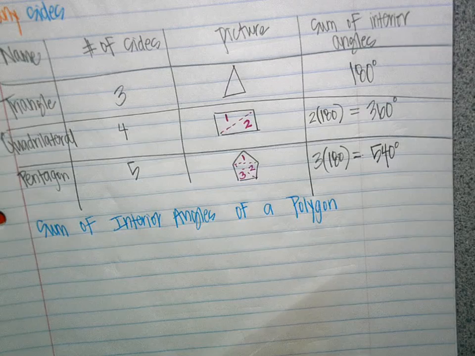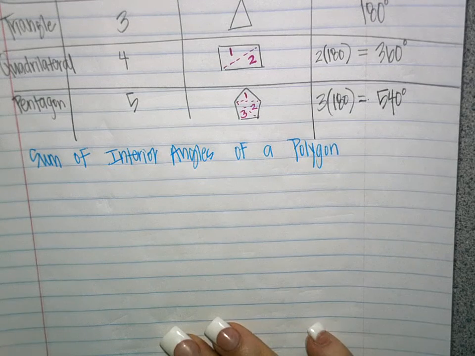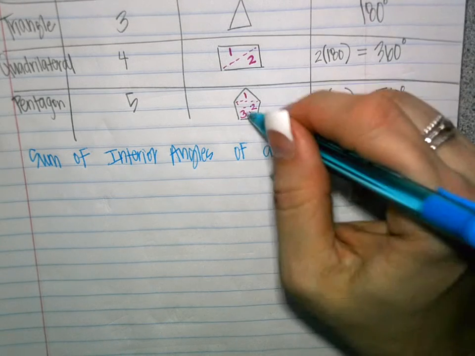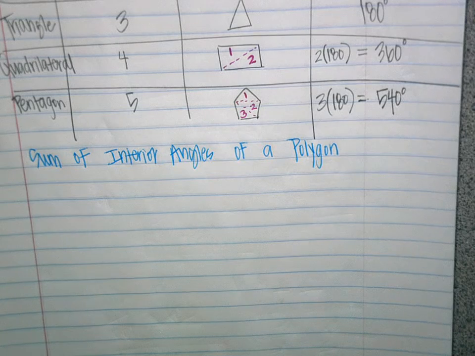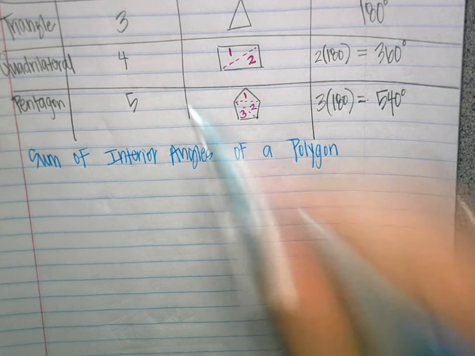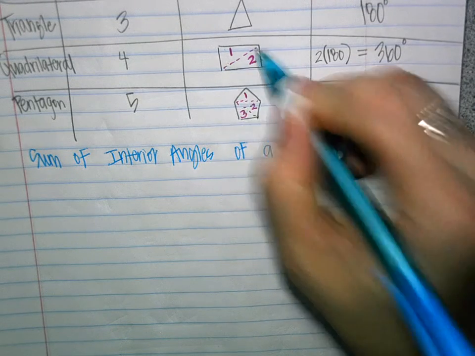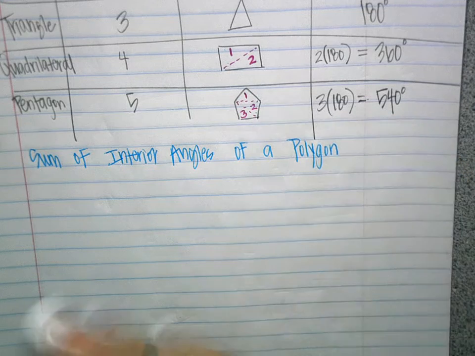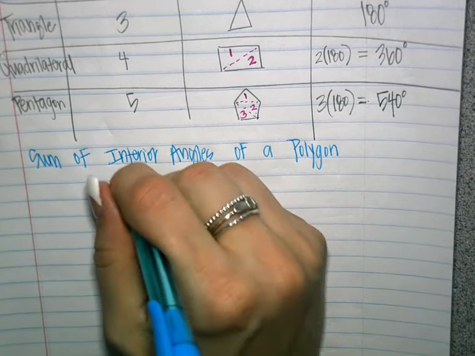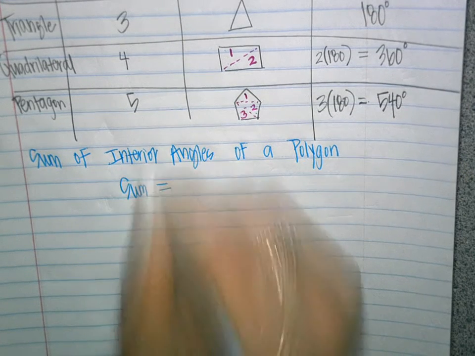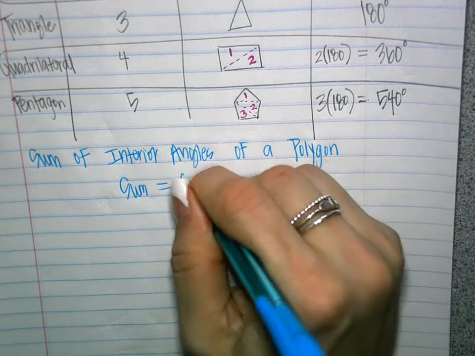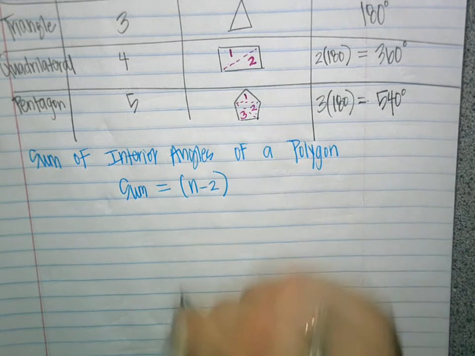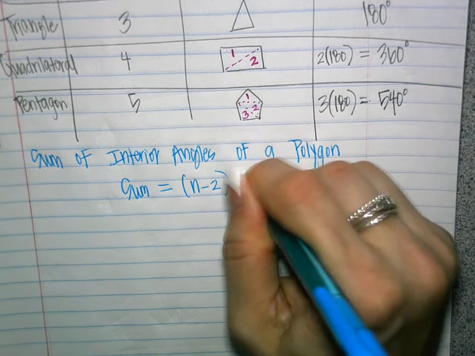So that basically means if you added up all the degrees inside here. If you took a compass and measured all of the angles inside, the formula for that is that the sum is equal to, in parentheses, n minus 2, close your parentheses, times 180.